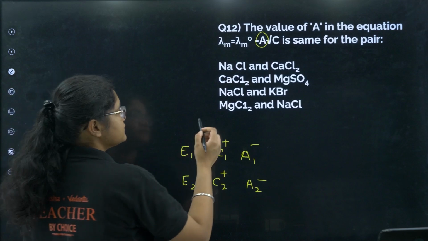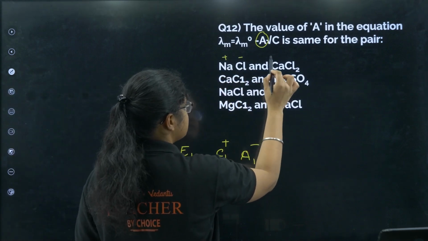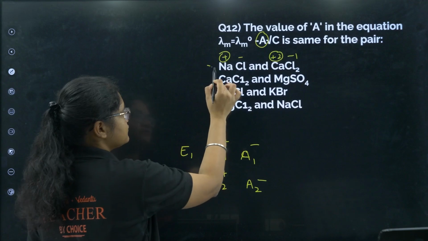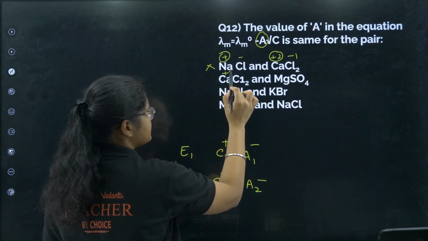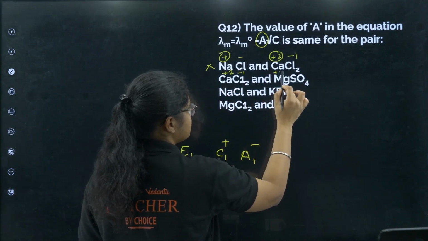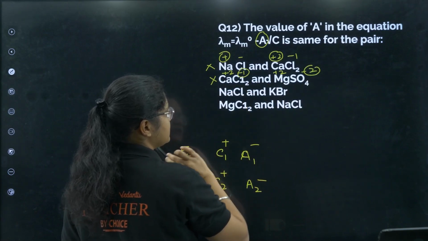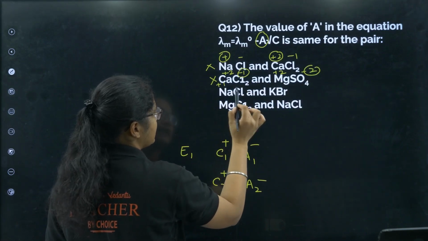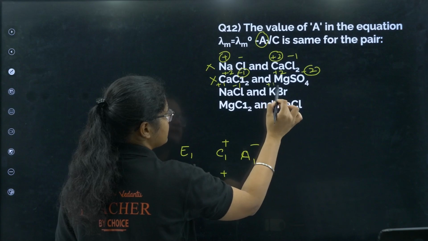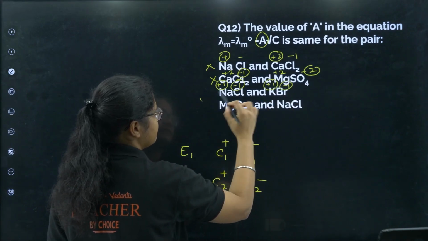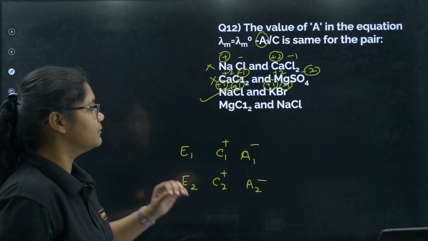Now for example, if you see the first one, Na plus Cl minus, calcium 2 plus Cl minus, you can see the charges are not equal here, so this is not the answer. Here Ca is plus 2, Mg is plus 2, sulfate is minus 2. Here anions are not having same charge, so it will also be not the answer. Here Na plus 1, Cl minus 1, K plus 1 and Br minus 1. You can see cations are having same charge, anions are having same charge, so that is why option number C here.